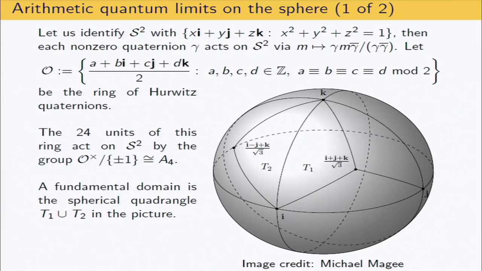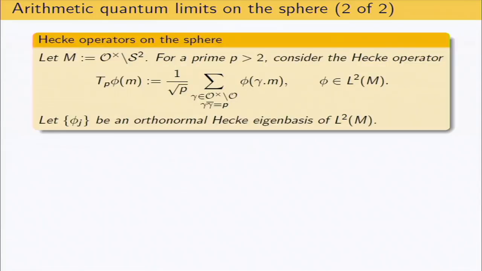This is taken from a very nice paper by McGee. Okay, and once we have this understanding of Hurwitz quaternions and how they act on our model of the sphere, we look at a quotient of the sphere. That's why I featured this fundamental domain. And for an odd prime p, odd because 2 is a bad prime, for Hurwitz quaternions, we look at this Hecke operator, which comes from length p Hurwitz quaternions.